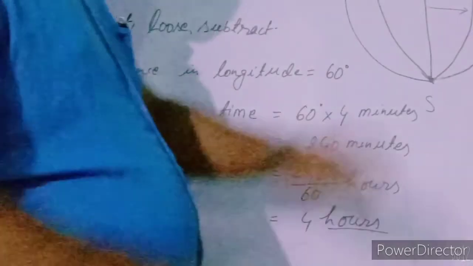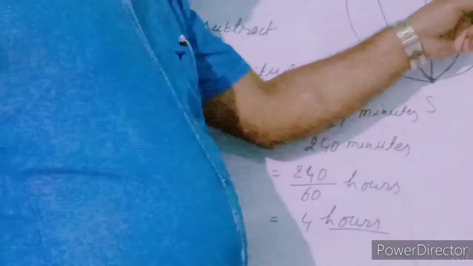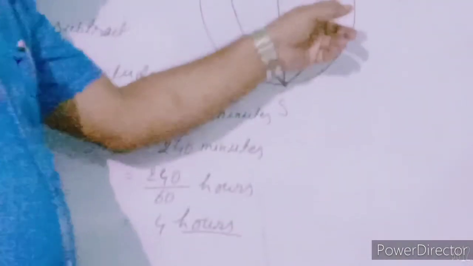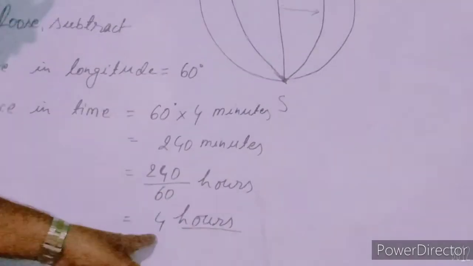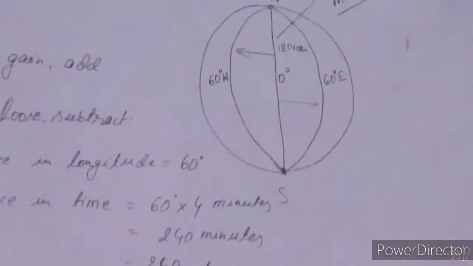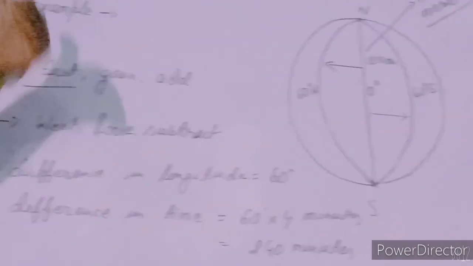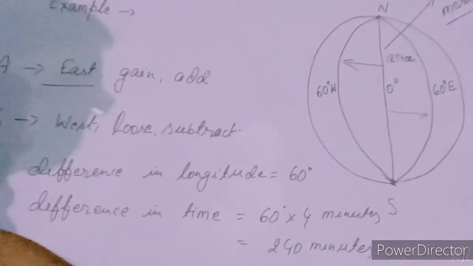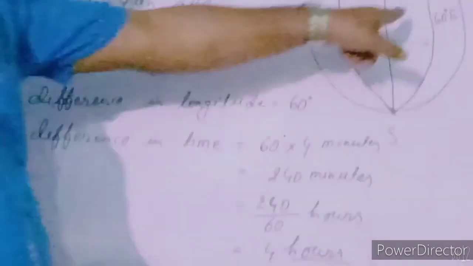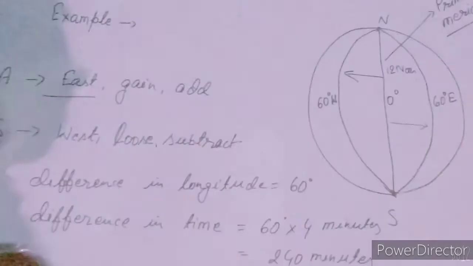While at Greenwich the time is 12 noon, the time at the 60 degree eastern longitude will differ by 4 hours. Then as per the rule, as we go towards east, time will go ahead, so that difference will be added to the Greenwich Mean Time.